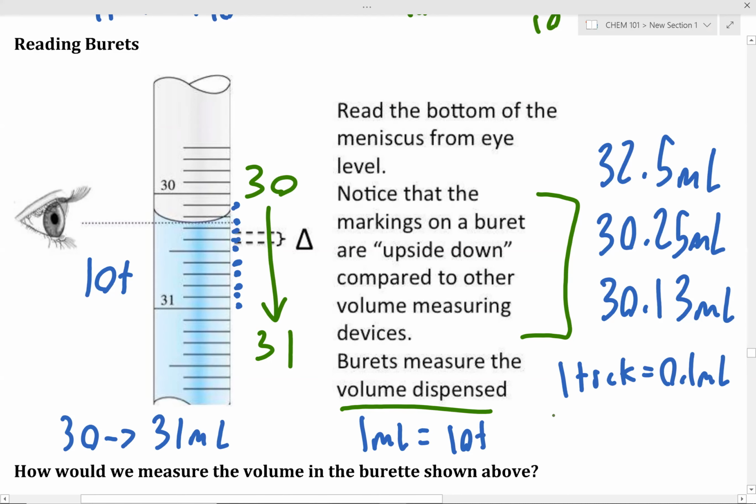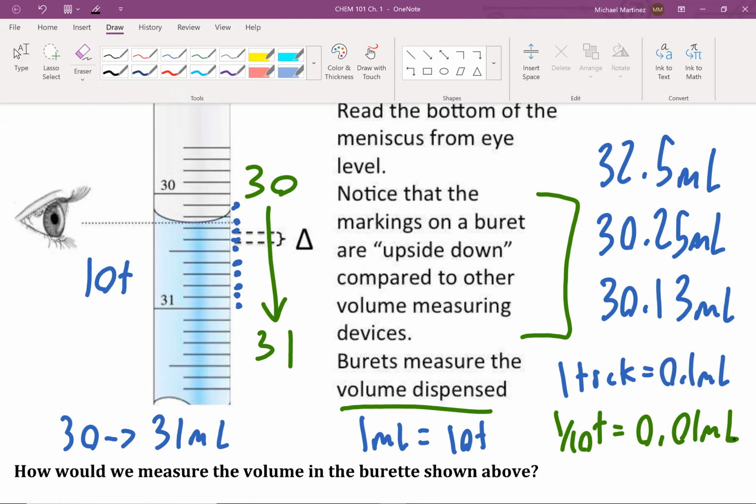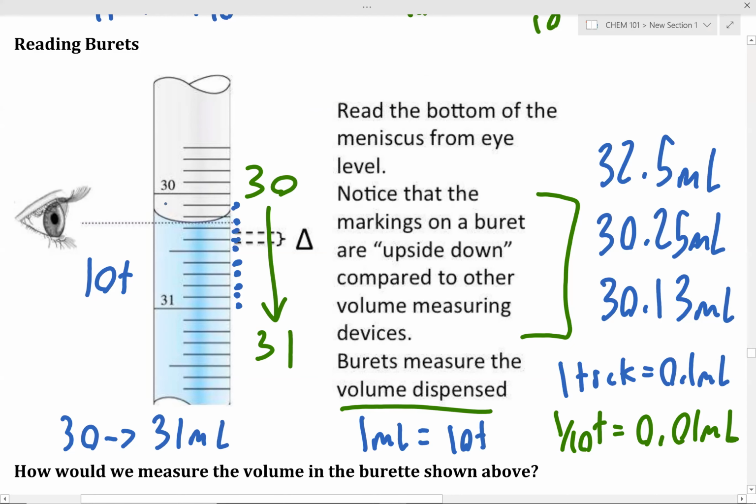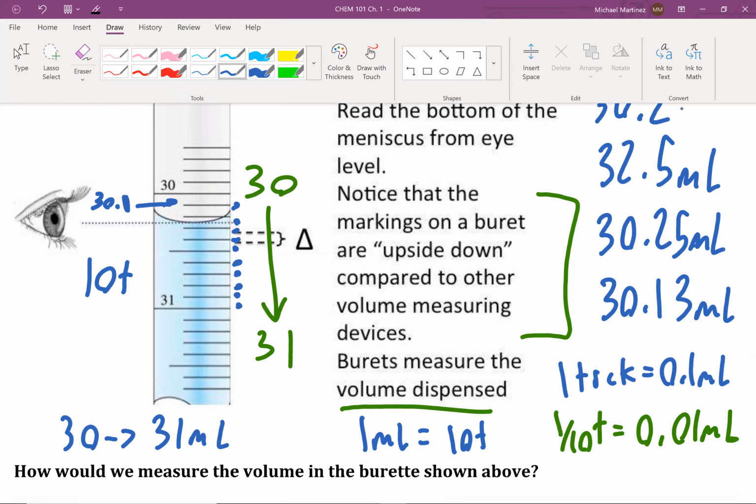We know that 1/10 of a tick is equal to 0.01 milliliters. So if I had to make a measurement, just to be clear, this mark here represents 30.1. What mark are we past? The first, second, third? Second. So what are our certain digits going to be? 30. Yep, so we have 30.2, and then can we estimate an additional digit?